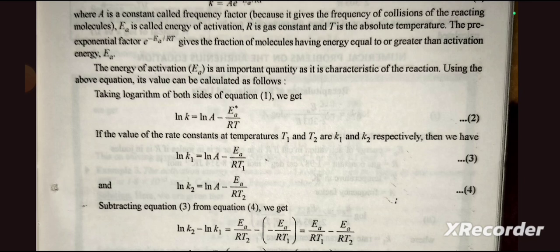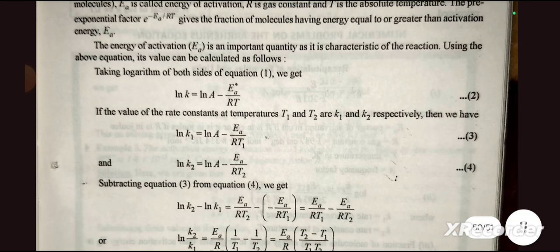Taking logarithm of both sides of equation 1, we get ln k is equal to ln A minus Ea by RT.